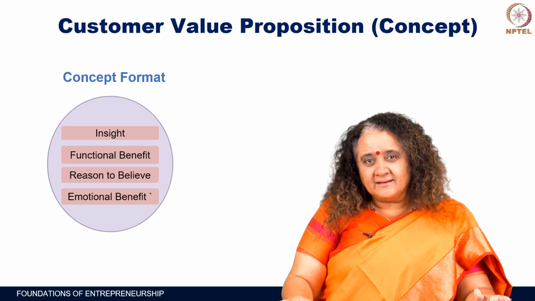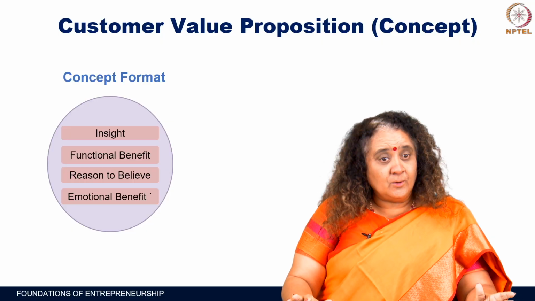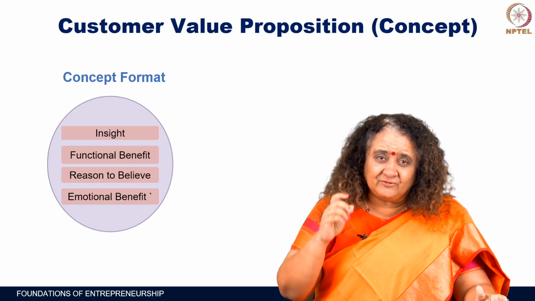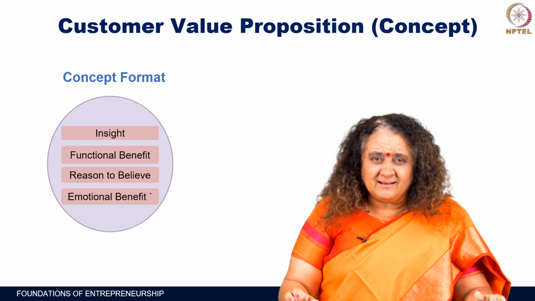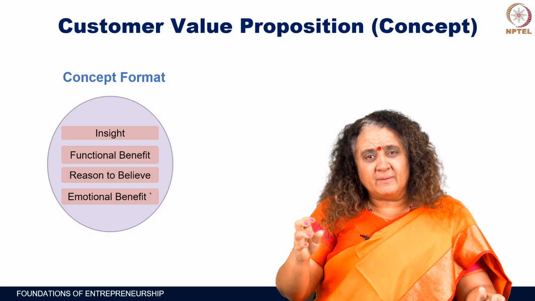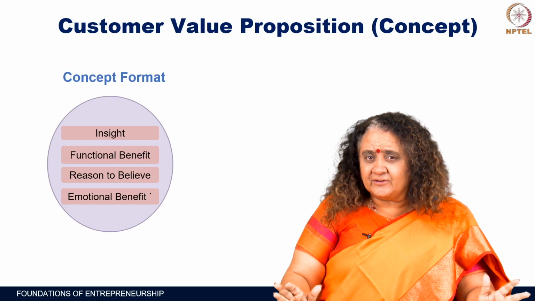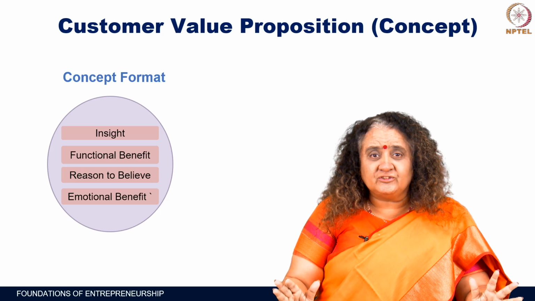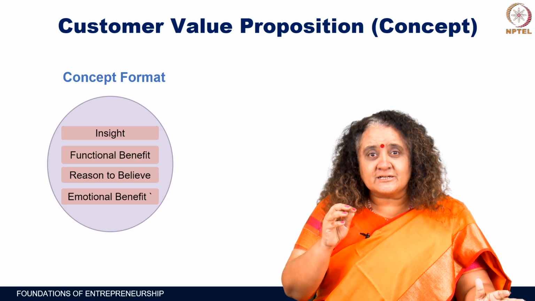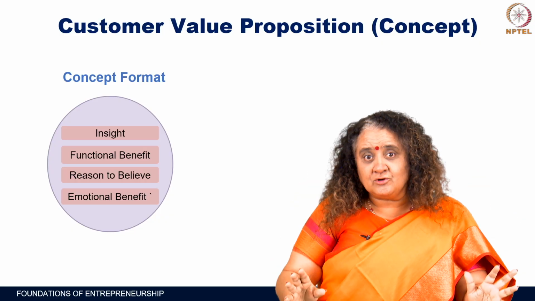So, insight, what is the functional benefit offered to the customer, what is the emotional benefit offered to the customer, and sometimes for the functional benefit, the customer wants to know how this benefit can be offered by you. You say that your television will have this kind of resolution and that kind of sound. Please explain what you have done in your technology that it offers the kind of resolution or sound quality that you are talking about.